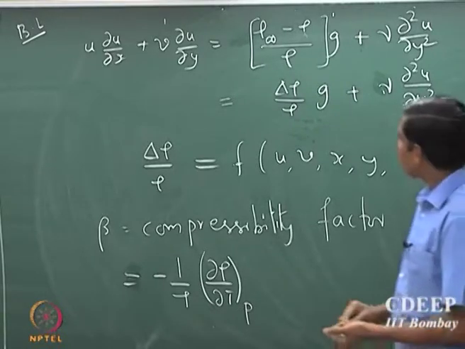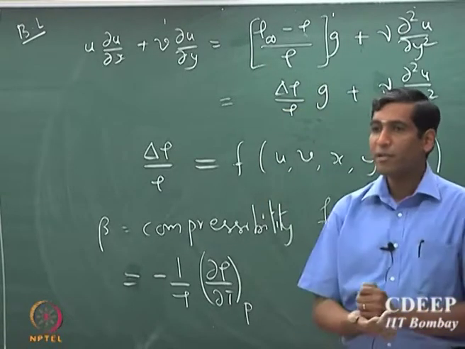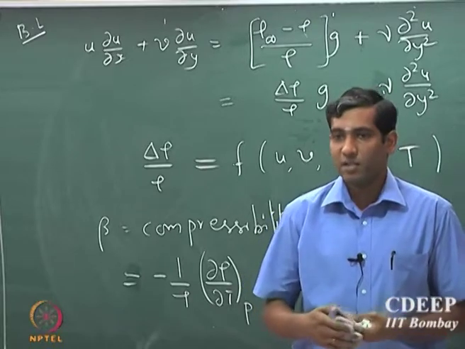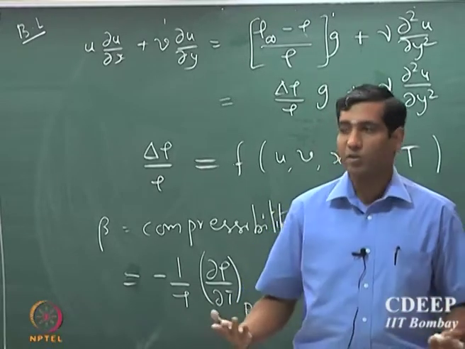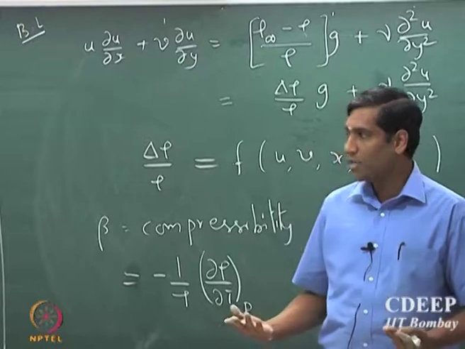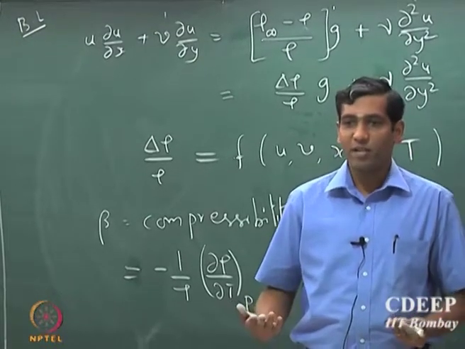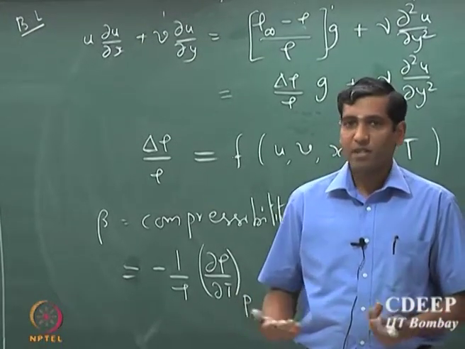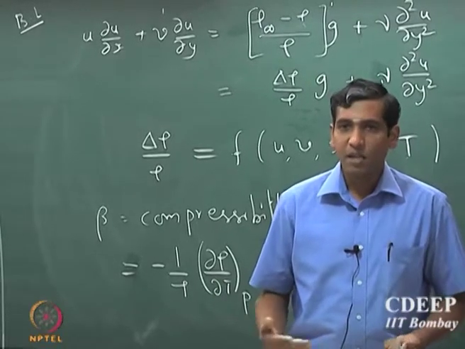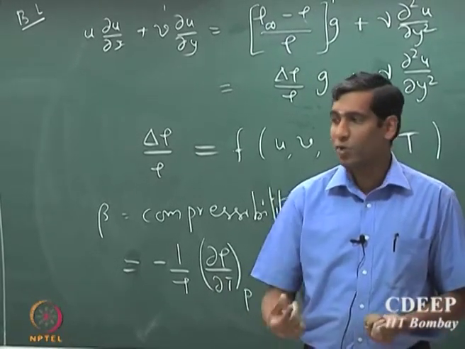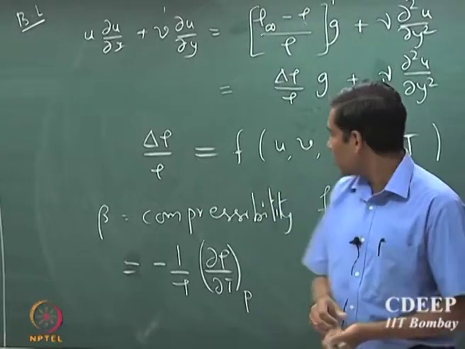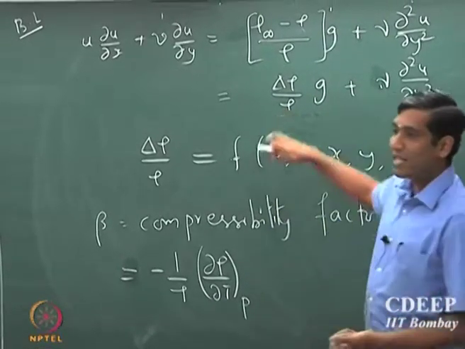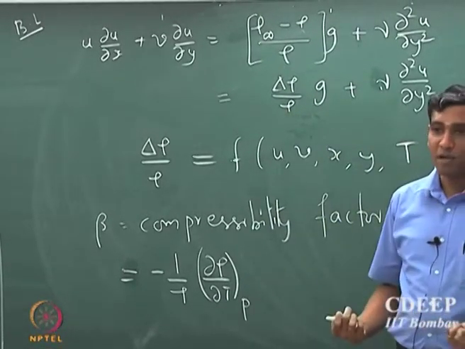Now what do you expect the density gradients to be? Is it expected to be very large compared to the local density or not? It is not, because it is a free convection problem, there is no forced convection, and so we expect even the boundary layer thickness to be significantly smaller, and so we expect the density gradient also to be very, very small.